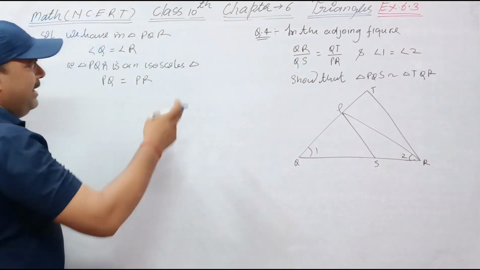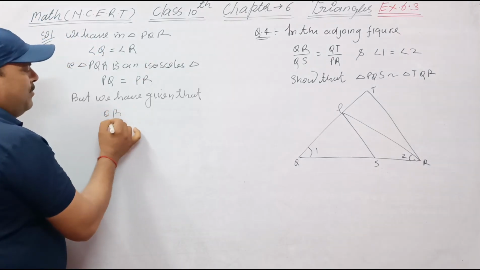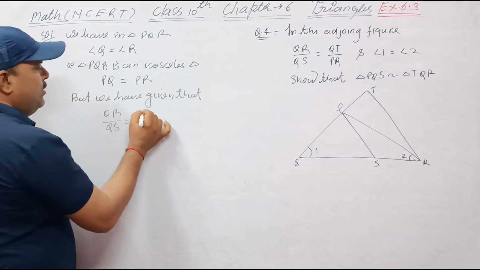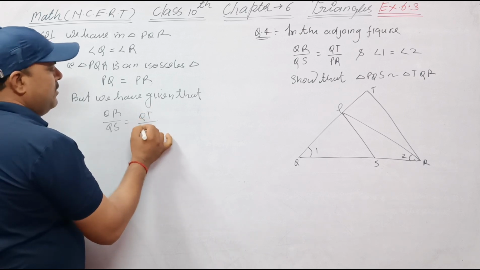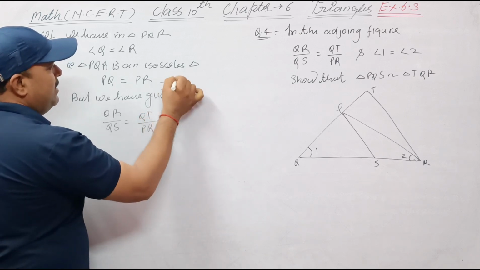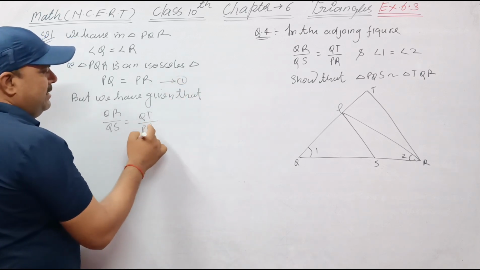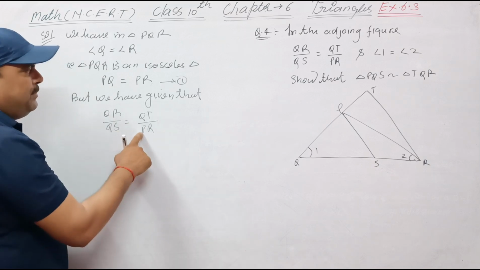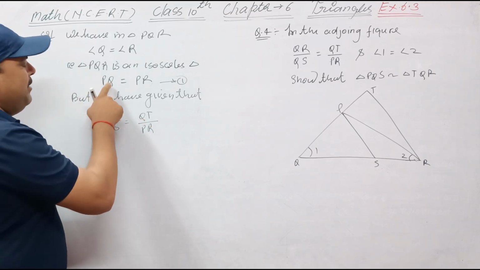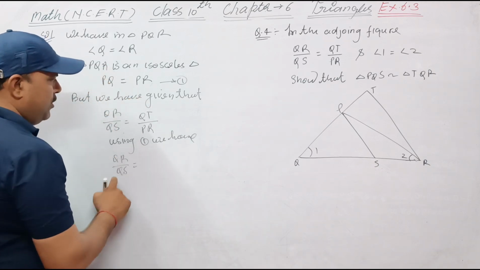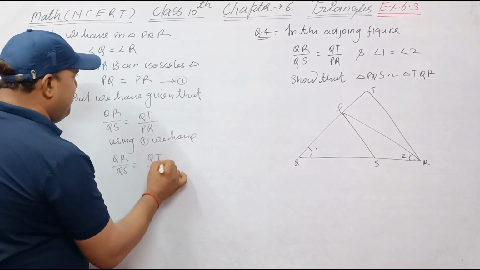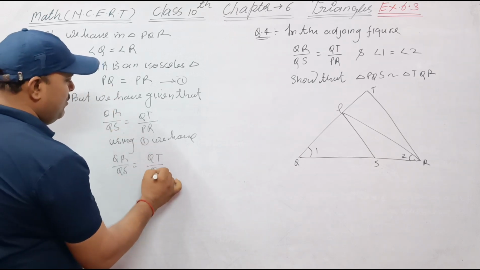Now we have given that QR upon QS is equal to QT upon PR. Using the first, PR can be eliminated by PQ. QR upon QS is equal to QT upon QP.